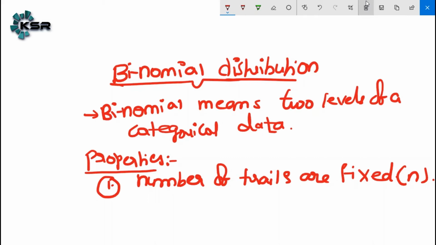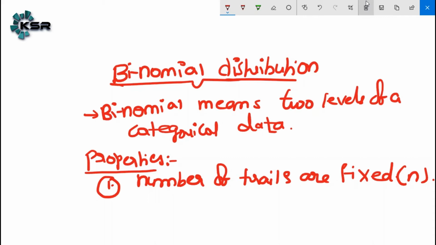Here binomial means two levels of output, either 0 or 1, yes or no, true or false. When you have done some event, then only you get the yes or no. This is a binomial probability. What do you mean by probability?